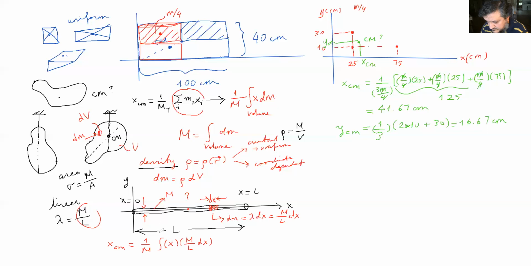And the integral will be from 0 to L. Get rid of the m's, and 1 over L is a constant. The integral will be x squared over 2, and you plug in the limits. L squared over L is just L, so L over 2. But you knew that already, right? It's in the middle. Just a simple exercise, the simplest I can think of for the linear mass distribution.